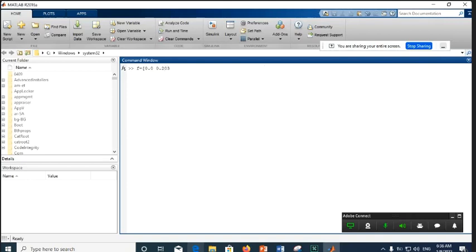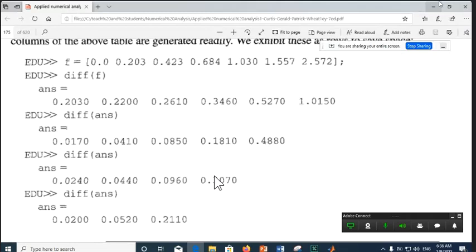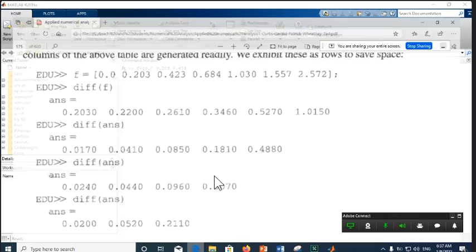You can easily download this software and install it on your computer, and the commands for MATLAB are easy, and we can use this very easily. Next point.